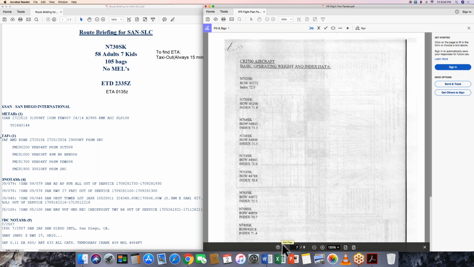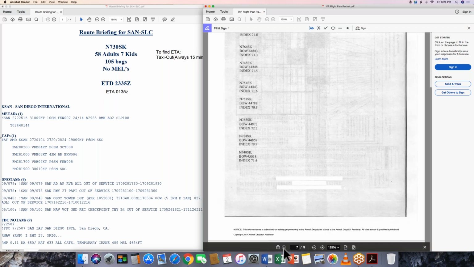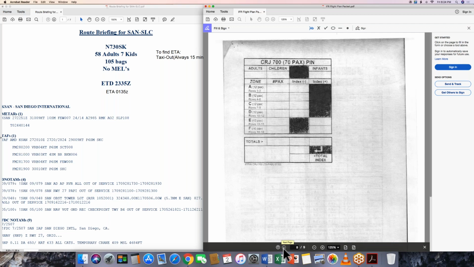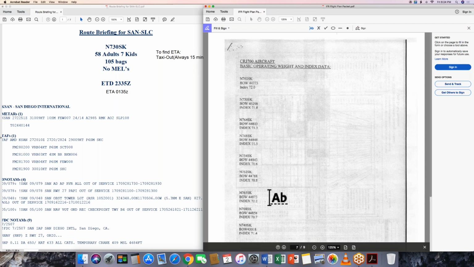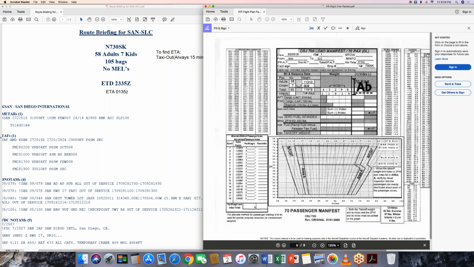The captain will plug it into his ACARS, and the ACARS will automatically generate your 400 pounds forward or your center of gravity, whatever it is, and then he can work with it accordingly. Really long answer for a simple question, right?